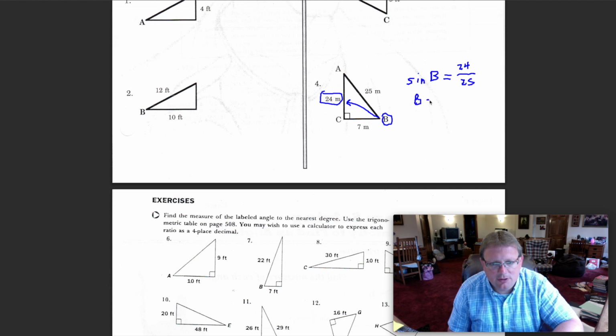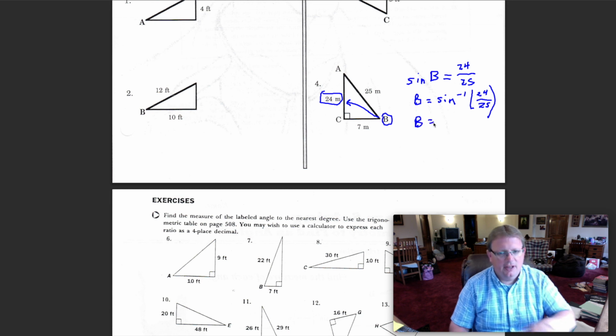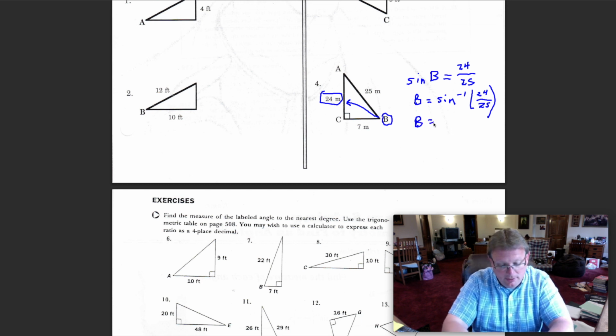Angle B equals sine inverse, because you got to get the word to the other side, of 24/25. And so sine inverse of 24/25 would give me angle B, and that would be what?